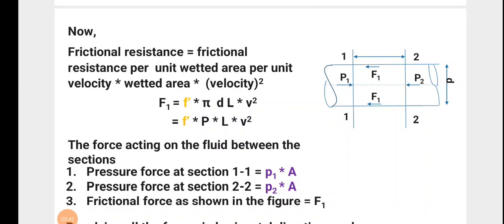So we can write the frictional resistance F1 is equal to F dash into area, that is pi into D into L. Pi D is the perimeter of the wetted area, so F dash into pi D L into V square. If we put pi D as the perimeter P, F1 will be written as F dash into P into L into V square.